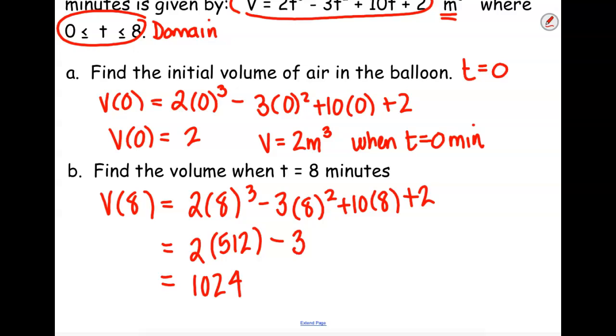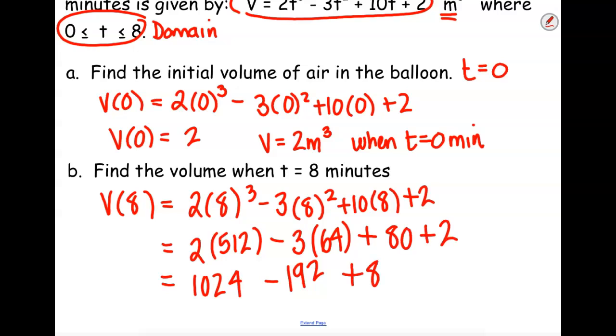8 squared is 64. 3 times negative 64 is negative 192. Continue on. 10 times 8 is 80. Add 2.